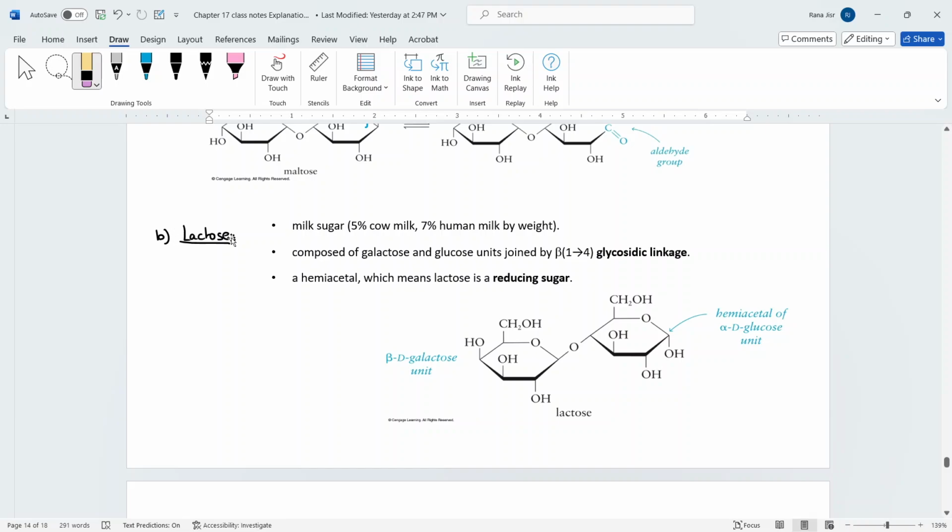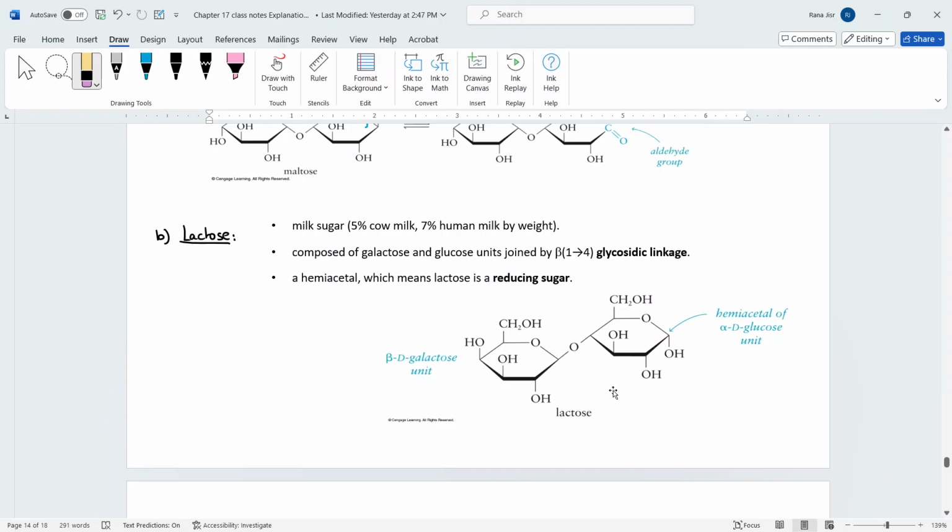Another disaccharide is lactose. Lactose is milk sugar, which is composed of a combination of 2 monosaccharides, a galactose and a glucose unit. The galactose is the beta anomer, and the glucose is the alpha anomer.